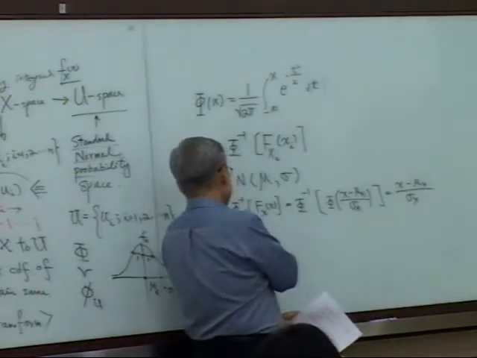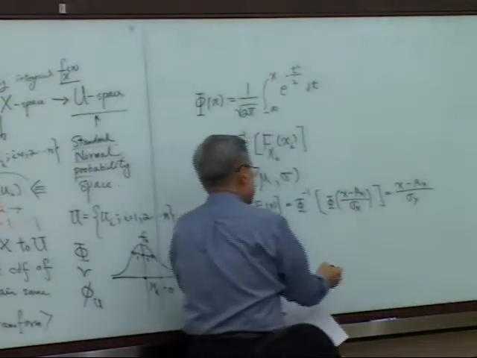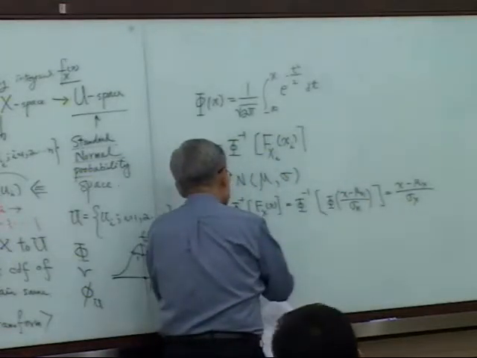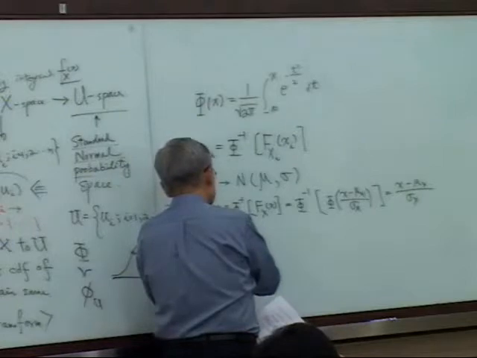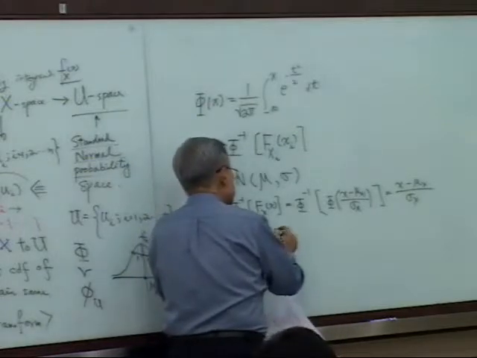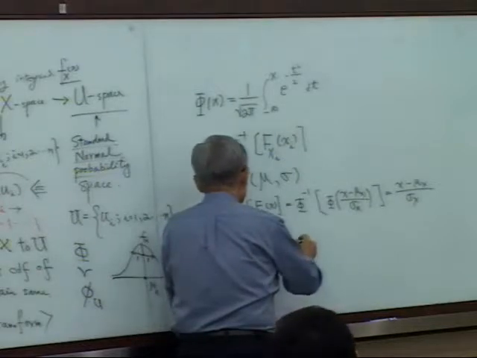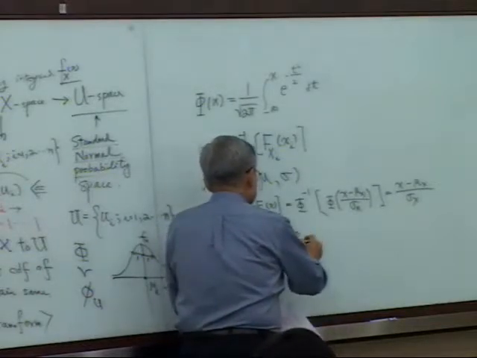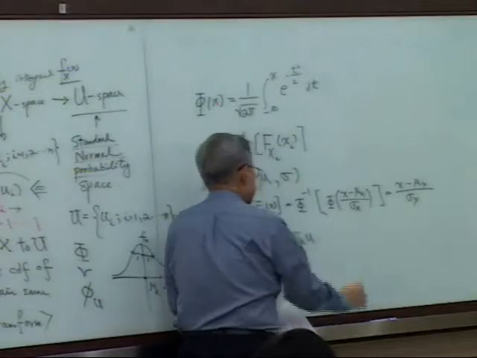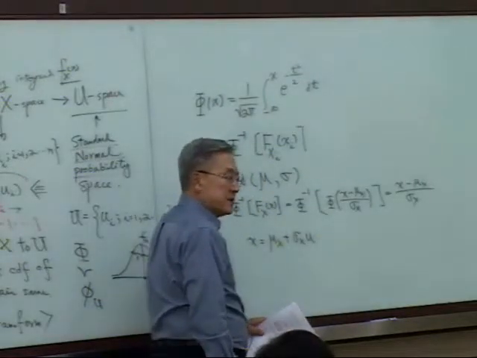If I reset u equal to that, then rewriting, x is equal to mu x plus sigma x times u.